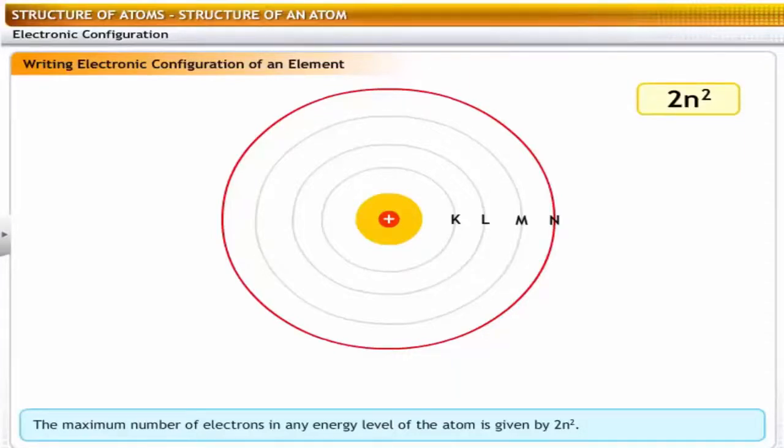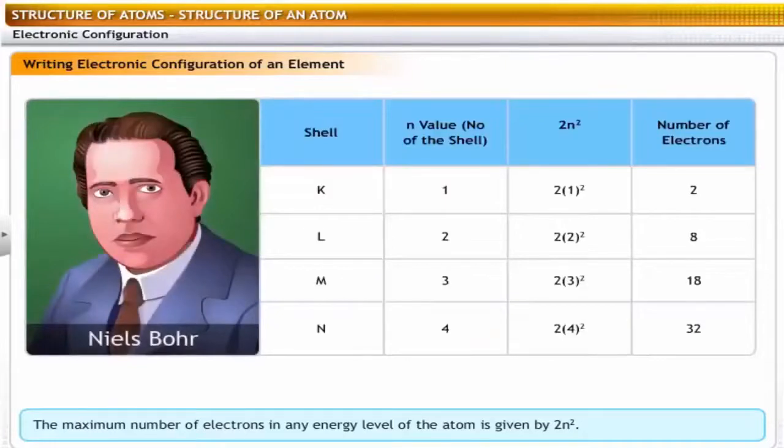For example, for the first energy level, n equals 1. According to the formula, 2 multiplied by 1 to the power of 2 equals 2. So, the maximum number of electrons present in the first energy level is 2. According to Bohr's model of an atom, the first energy level K can have 2 electrons.